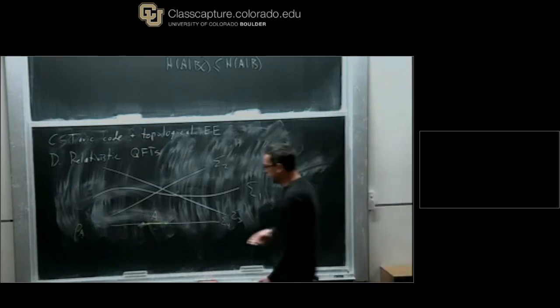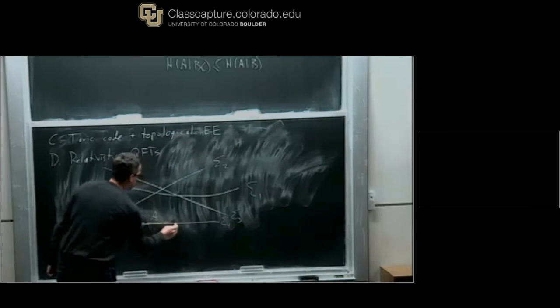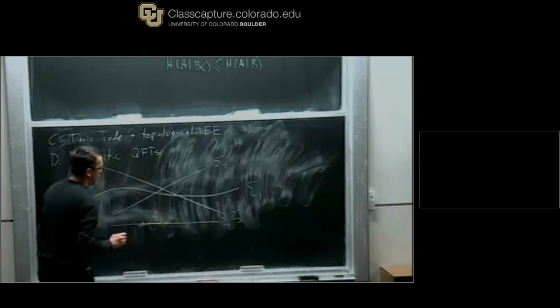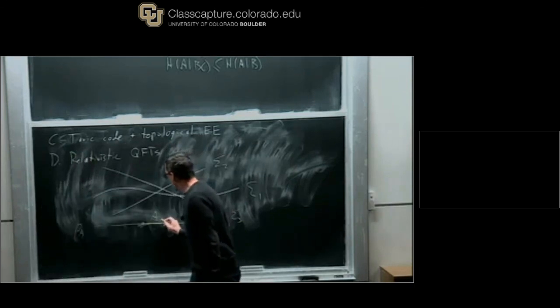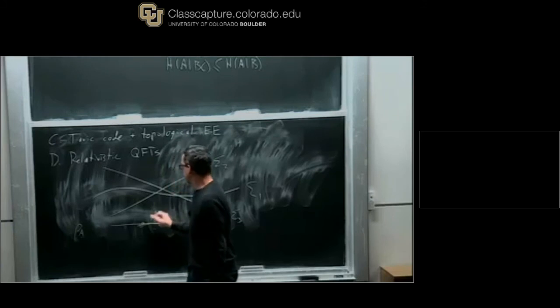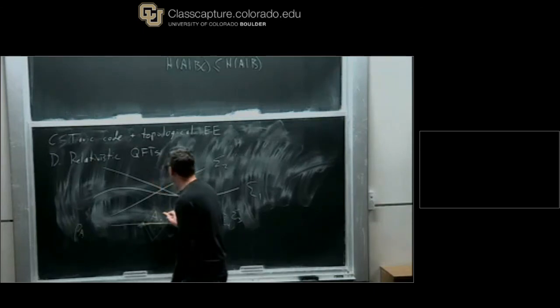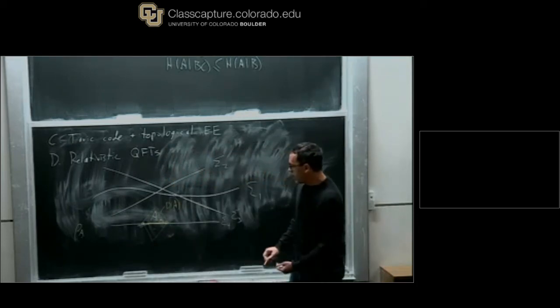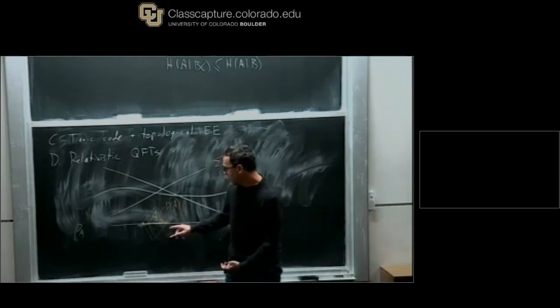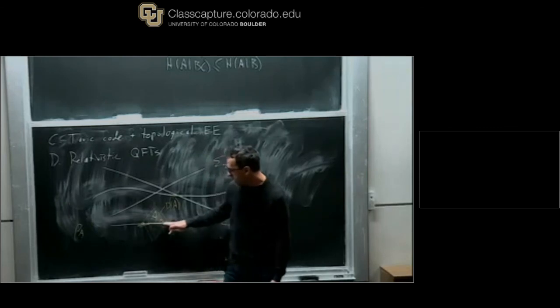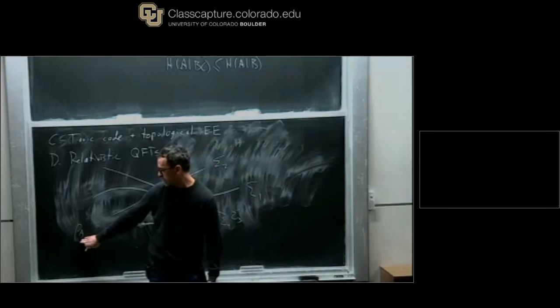Really, who cares about Cauchy slices? Those are very arbitrary choices, so I don't want to be restricted to living on some Cauchy slice. If I have an operator here, I can use the Heisenberg equation of motion to equate it to some operator which lives entirely on A. More precisely, any operator, which doesn't have to be local but has to be contained entirely within the domain of dependence of A, any operator in D of A, I can, by using the equations of motion, equate to an operator in A, and therefore compute its expectation value if I know this.